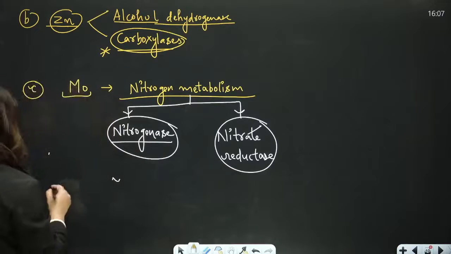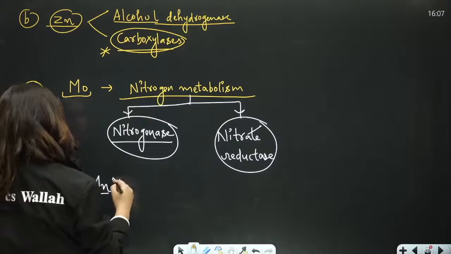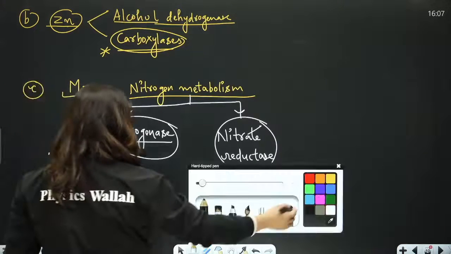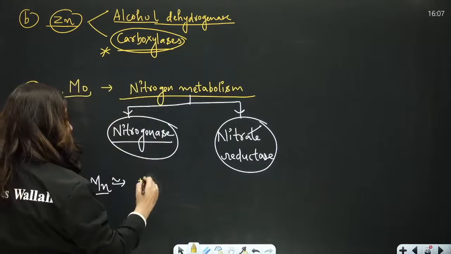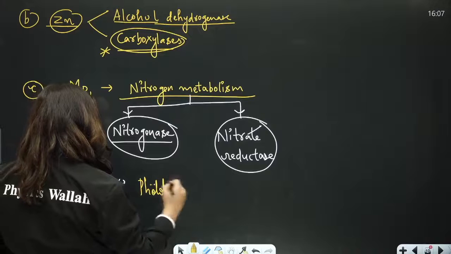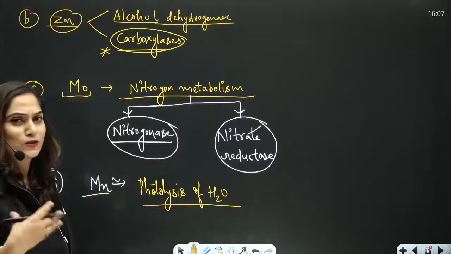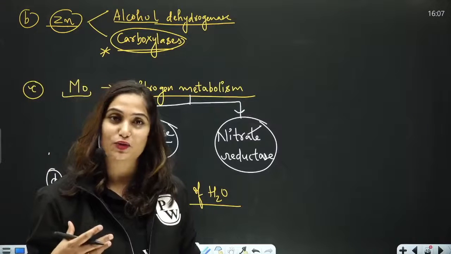Then comes manganese. Manganese is responsible for activating the complex responsible for photolysis of water. You must know that during photosynthesis, the water gets split up. There is splitting of water, also called photolysis.